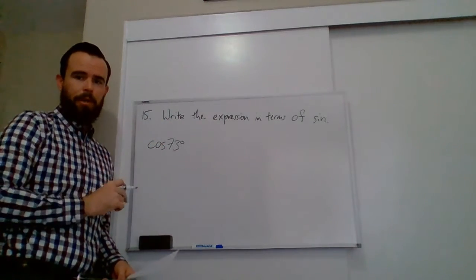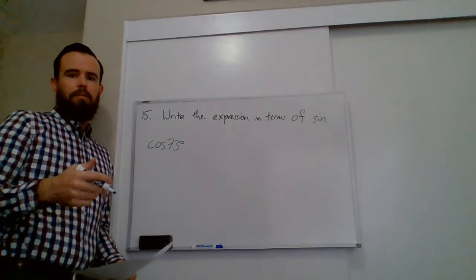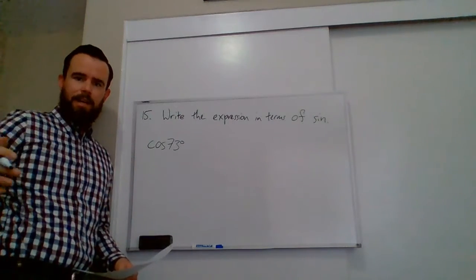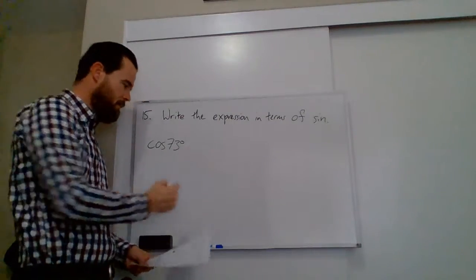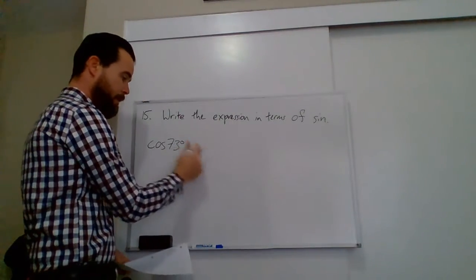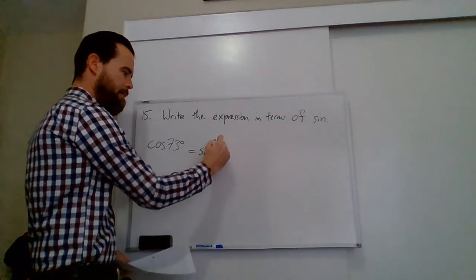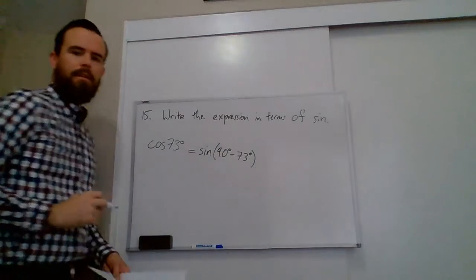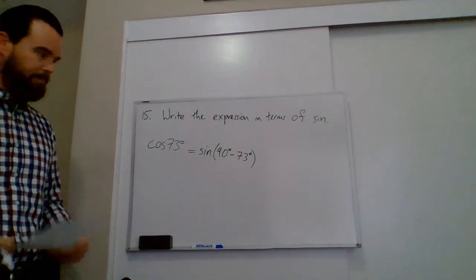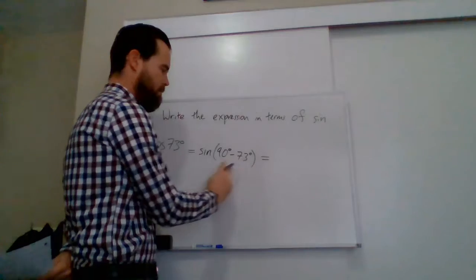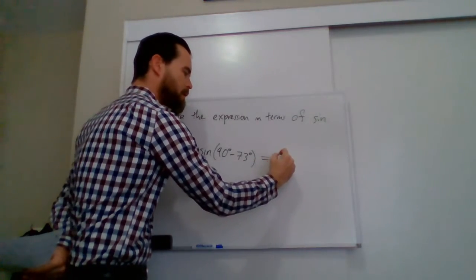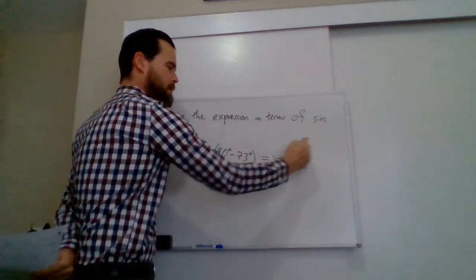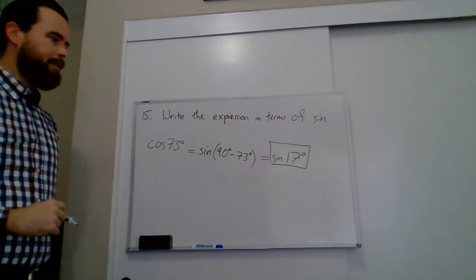So we're going to use that same property. Sine of A equals the cosine of its complementary angle, or the cosine of A equals the sine of its complementary angle. So we have cosine 73, so we're going to be looking at the sine of 90 degrees minus 73 degrees. We find this number to be 17 degrees.